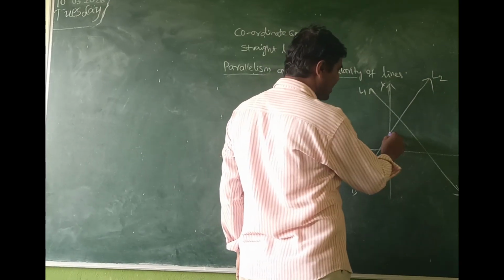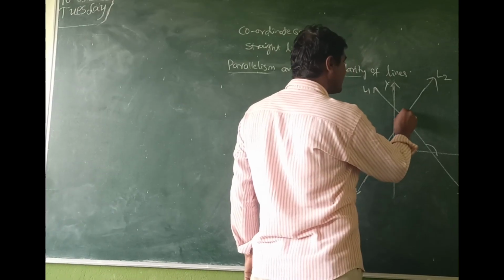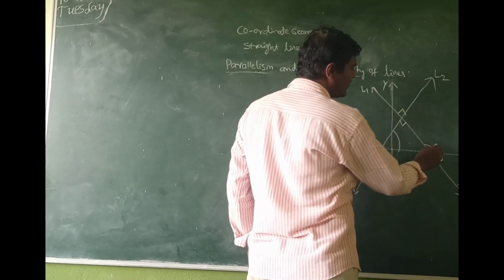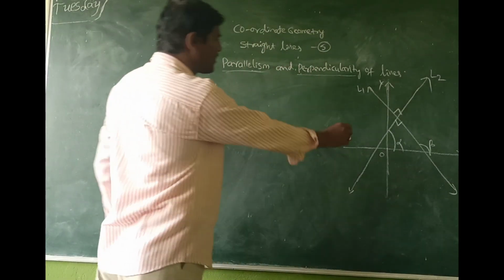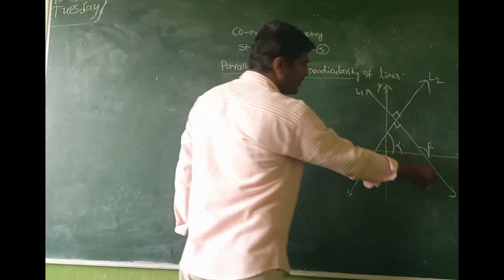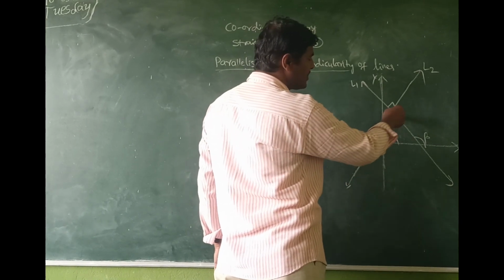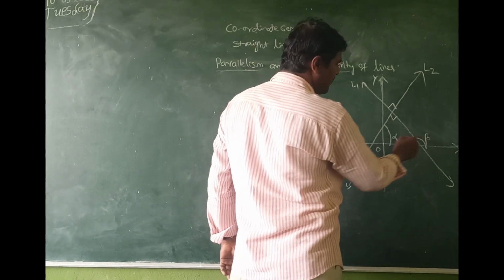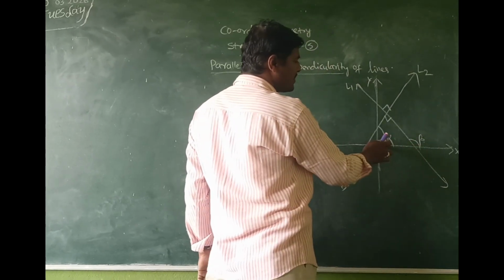This is one angle of 90 degrees, this is 90, this is beta, this is alpha. Here L1 is perpendicular to L2, that's why they make an angle of 90 degrees. Here beta is the exterior angle and alpha is the interior angle.